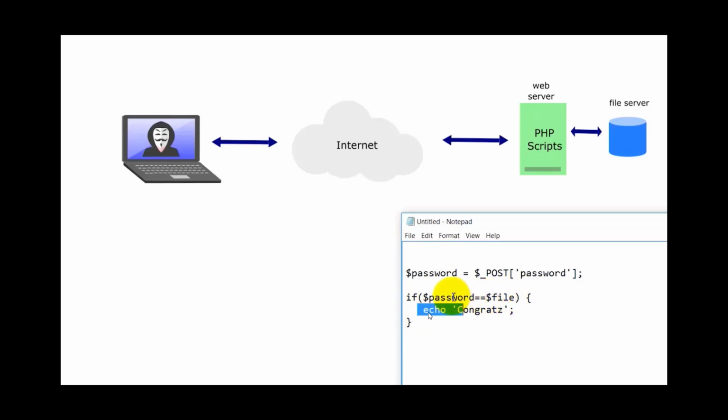That means whatever password you key in here, it should be blank. So when you compare a blank password with a blank file, then you will log in to the server and you will log in through the page. That means your password is correct. That means your password should be blank, because the file is blank.